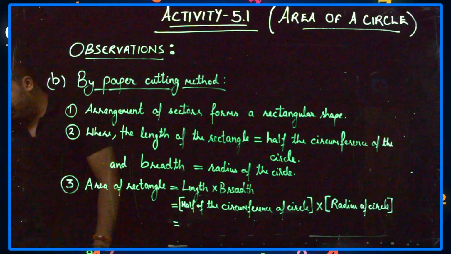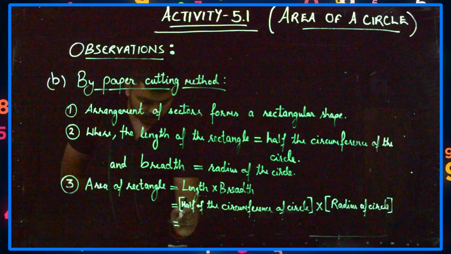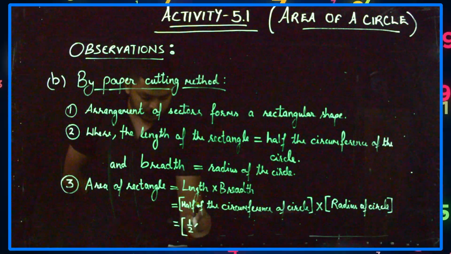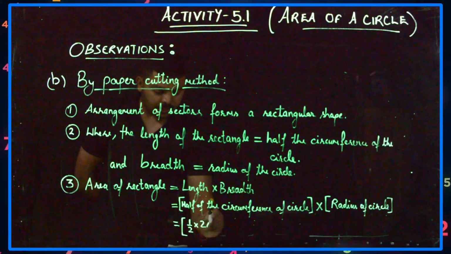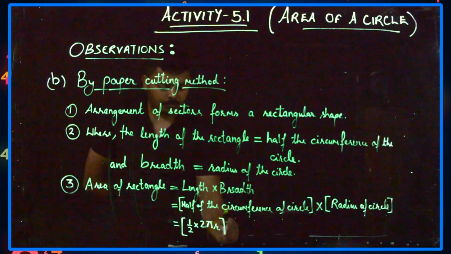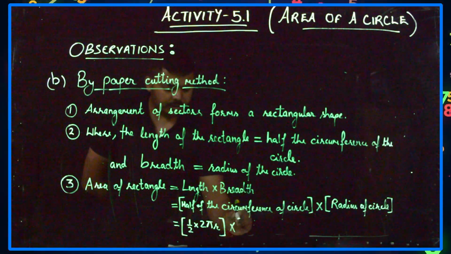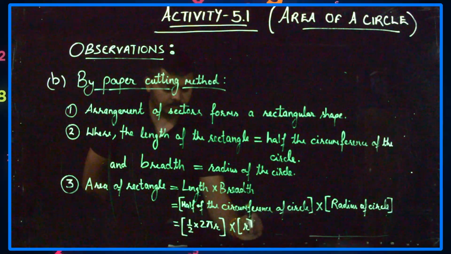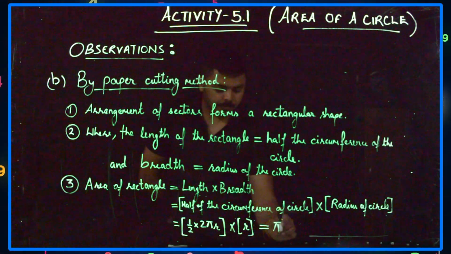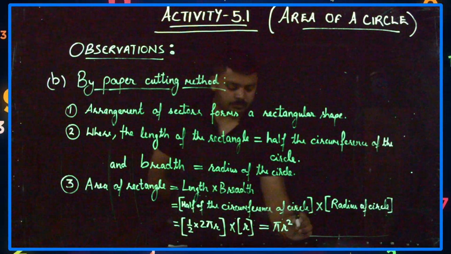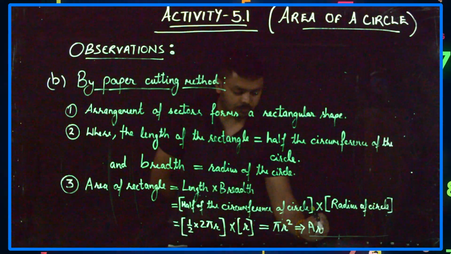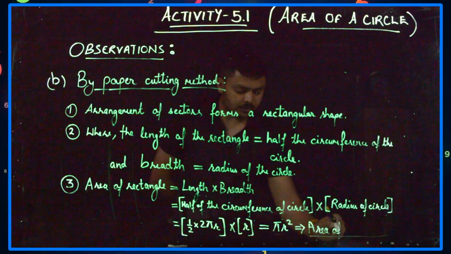Now half of the circumference is equal to 1 by 2 into circumference, which is 2 pi r, into radius r, so it is equal to pi r square, which is equal to the area of the circle.